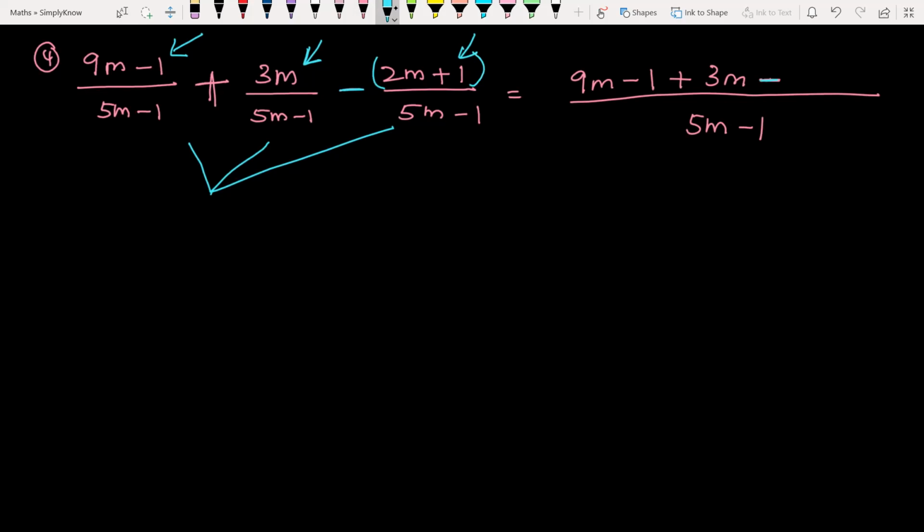This means we need to put brackets. Write 2m plus 1 within brackets. Then in the next step, we can remove the brackets. 9m minus 1 plus 3m. When we remove the brackets, minus times 2m is minus 2m. Minus times plus 1 is minus 1.